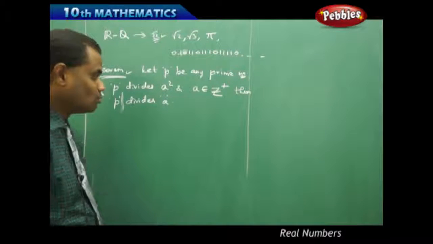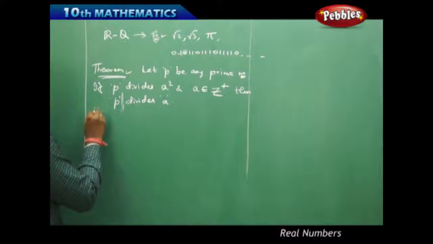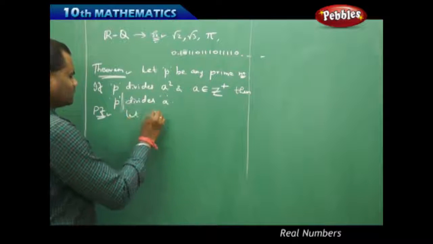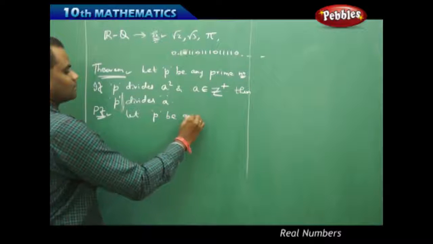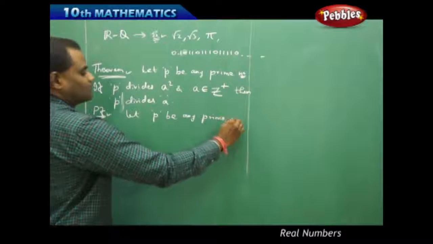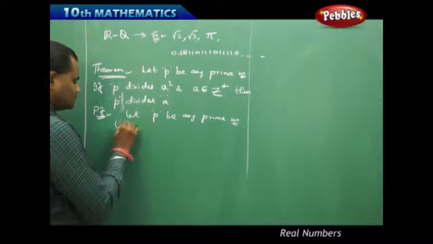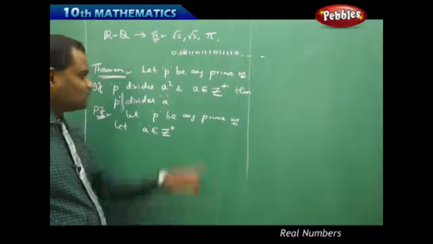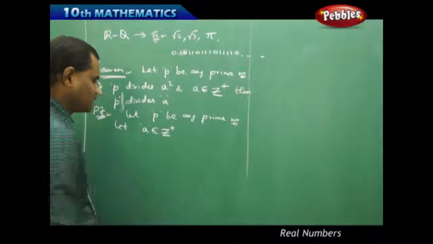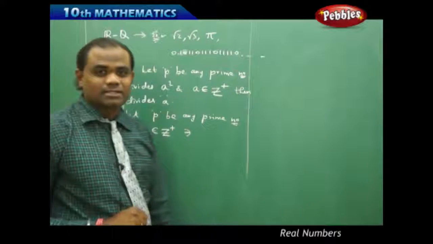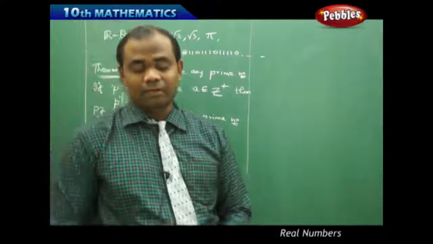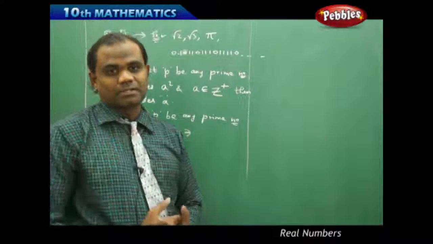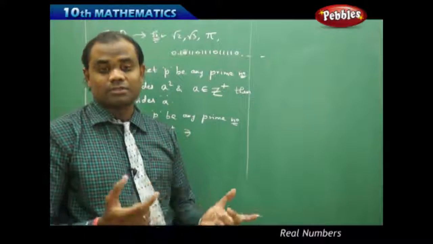So let me go with a short note on the proof of this theorem. Let p be any prime number. Then let a belong to Z plus, a positive integer. We have already discussed in the prime factorization method the fundamental theorem of arithmetic, which stated that every number can be expressed as a product of distinct or not distinct primes.